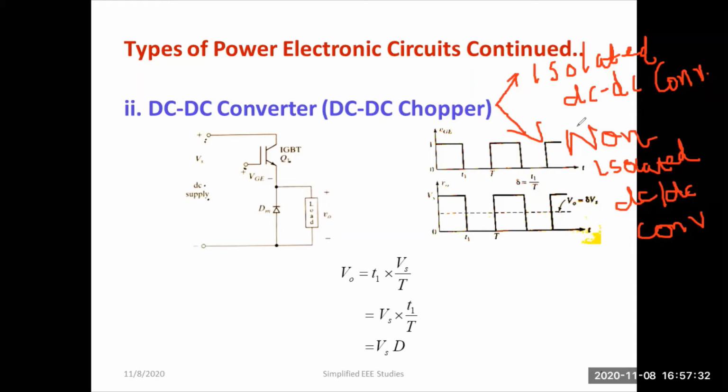The difference is, in an isolated DC-DC converter we use an isolation transformer, a 1:1 transformer, whereas in a non-isolated converter we are not using any isolation transformer. That's the difference. So let us speak in general regarding converters. In this session, we are going to get familiar only with the converter. The main purpose of a DC-DC converter is to convert fixed DC voltage into variable DC voltage.